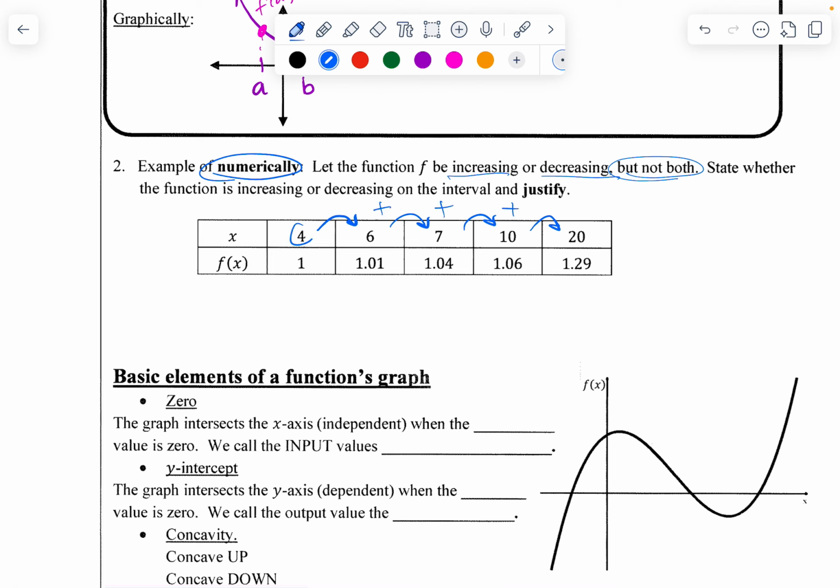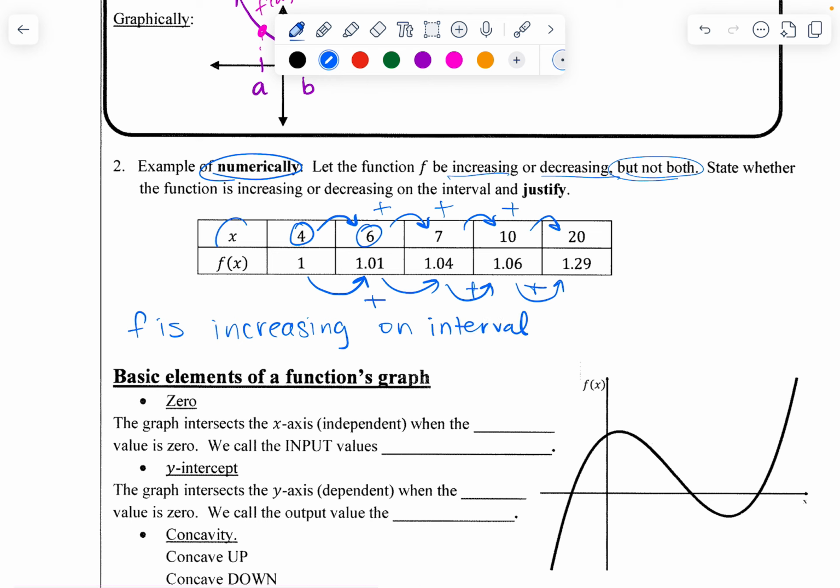So in this case, a is less than b. Let's see what happens to the y or the f of x values. Here we're increasing, increasing, increasing, and increasing. So because as a and b are increasing, so is f of x, we know this must be an increasing function. So we say f must be increasing on the interval. So where is x increasing from? It's increasing from 4 to 20.